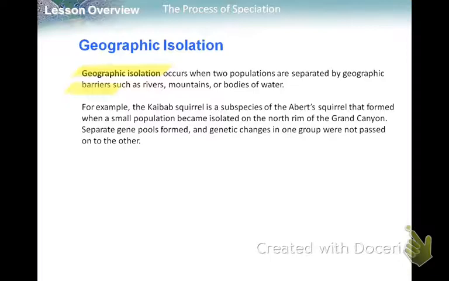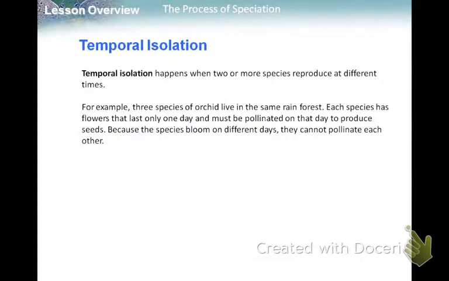There are two different squirrels on two different ends of the Grand Canyon. You can't get across the Grand Canyon if you're a squirrel, and so separate gene pools are formed, and the genetic changes in one group were not passed on to the other. So we see this divergence.